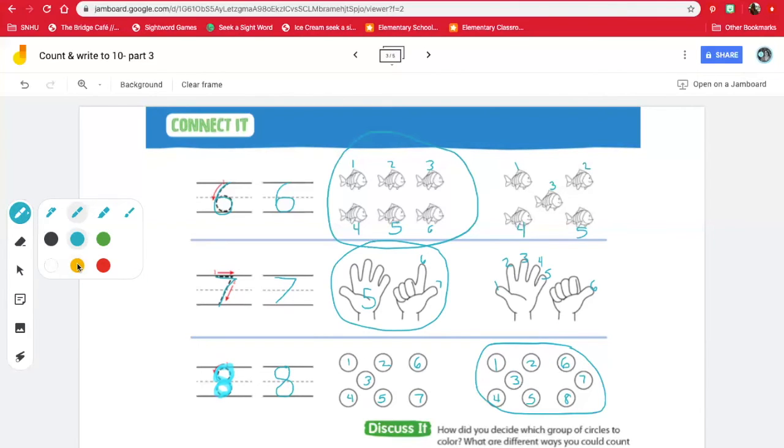Kind of like this. Let's try it. So here I have 1. Let's try a different marker. 1, 2, 3, 4, 5, 6, 7, and 8. So there's some different ways that we could count.